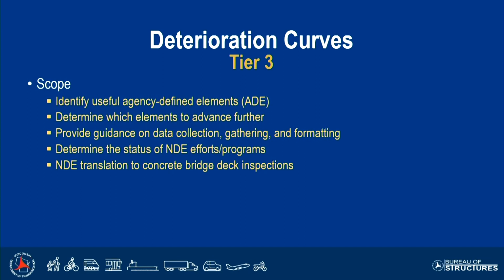And then we determined the status of NDE efforts or programs, and also included NDE translation. So what you get from results from NDE, how does that translate into actual inspection quantities?